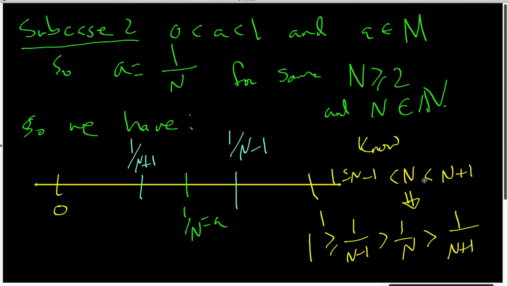And because there are no natural numbers between N minus 1 and N, or between N and N plus 1, I know that there are no elements of set M in this range, with the exception of A. In other words, if I look at the punctured ball, I'm just going to pick a delta that is smaller than the distance between 1 over N and these two fractions, and there's not going to be any elements of set M in that particular delta ball.